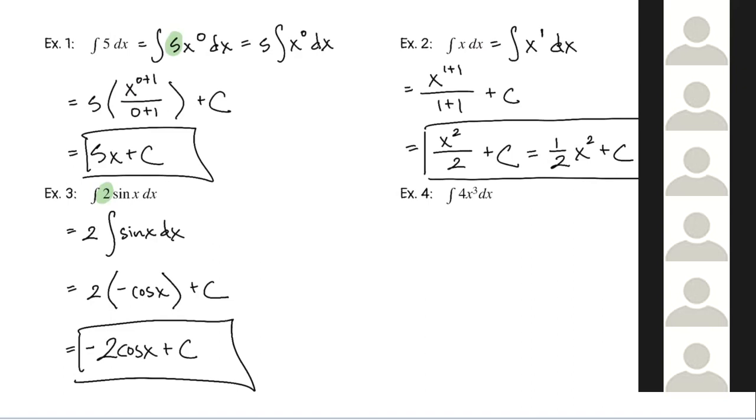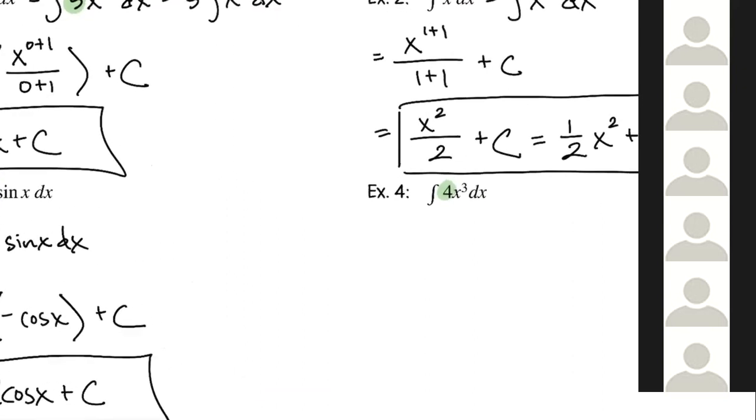All right, we've got one more over here. What rule or rules might we want to use for example 4? Power, and I think you meant constant. Yeah, we had a constant of 4 and our n value is 3. Good.